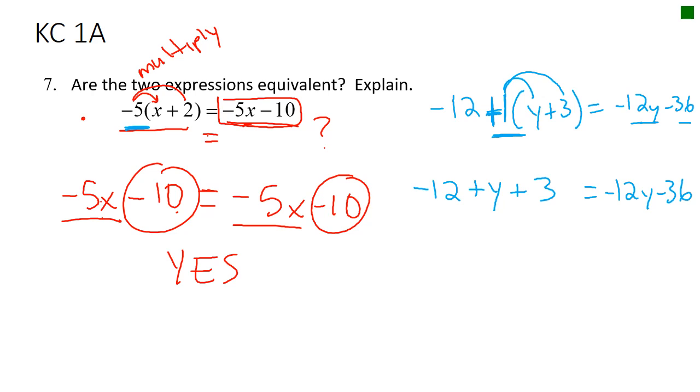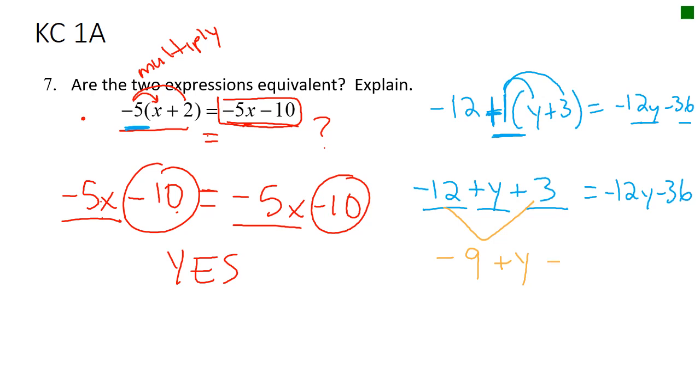How do I know I have to combine? Well, I have a number, a y, and a number. The numbers do not have any letters, so that means I could combine them. Negative 12 plus 3 will give me negative 9. Can I do anything with a y? No, so it stays the same. Can I combine negative 9 plus y? Well, negative 9 does not have y, so I cannot combine those two.